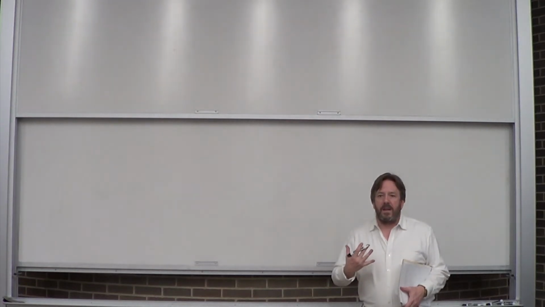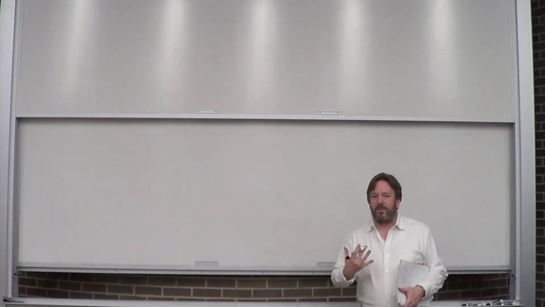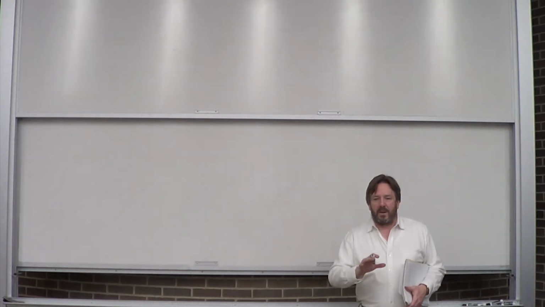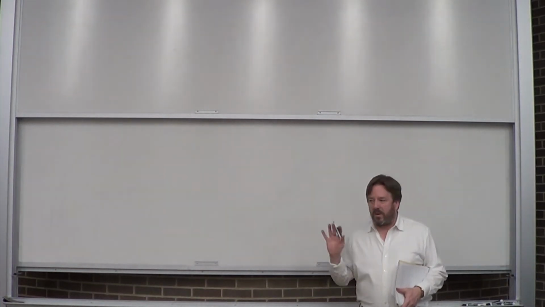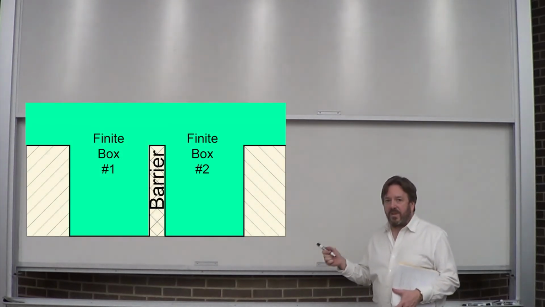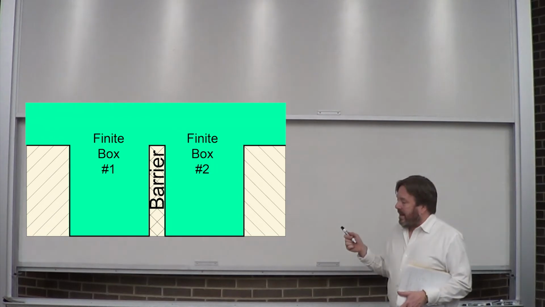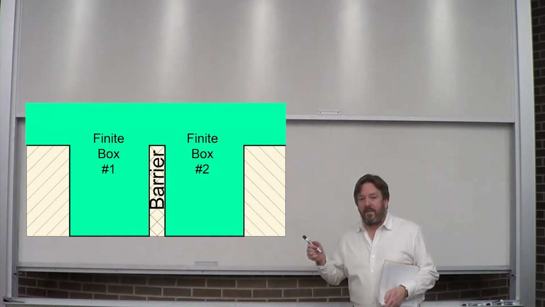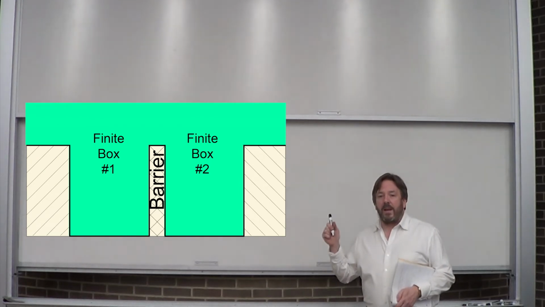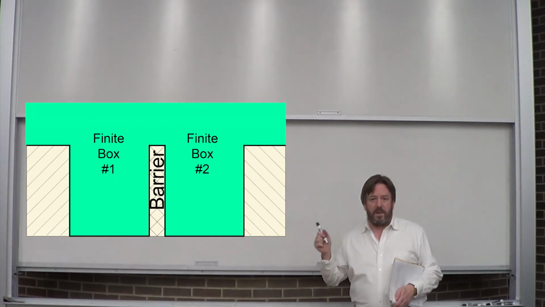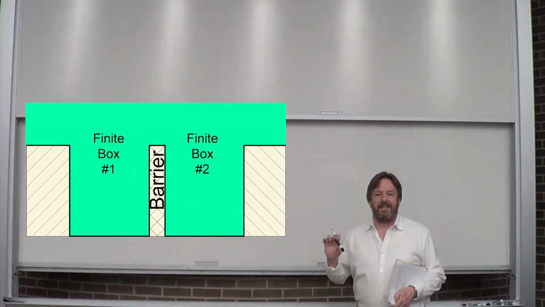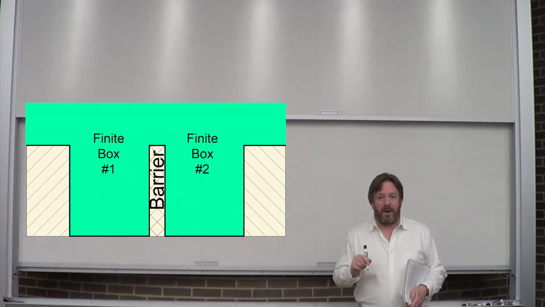Now, I've used some special mathematical techniques that we're not covering in this class to do so. Regardless, these are the solutions to the potential surface that you see here, where I've got a finite box on the left, and then I go a little bit over to the right and I draw another finite box, and they're exactly the same thing. So that little bit of finiteness between them is what I've labeled as a barrier.